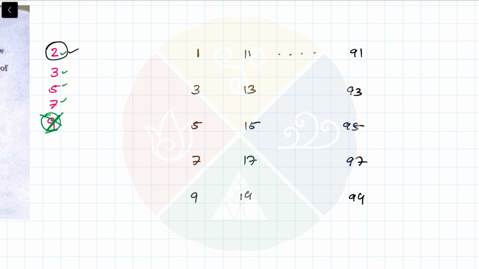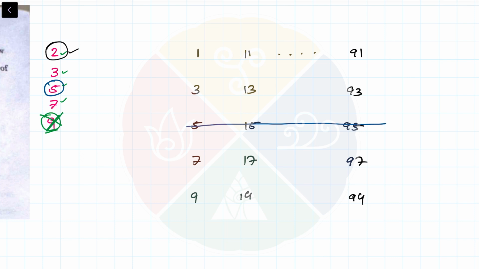Now these numbers are also not divisible by 5. That automatically eliminates everything ending with 5. The number will not end with 0 because that's automatically eliminated, as it is divisible by 2.